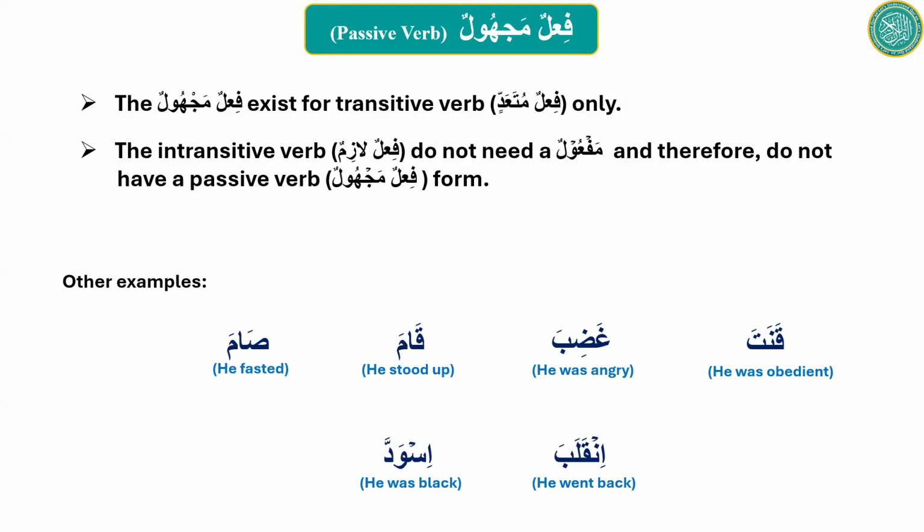If you try to make passive voice of any of them, maybe you can use the table, or without the table, you can make the word, but it won't mean anything. Because their majhul form does not exist, they are all intransitive verbs. They don't have a maf'ul, and therefore they don't have a passive one, fail majhul, as well. All right, so you need to be aware of that. Okay, let's do something else now.